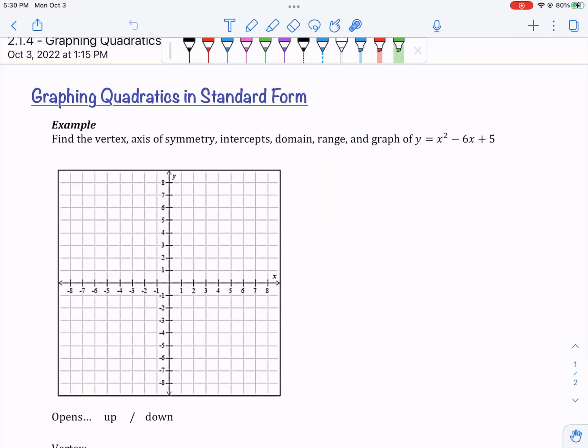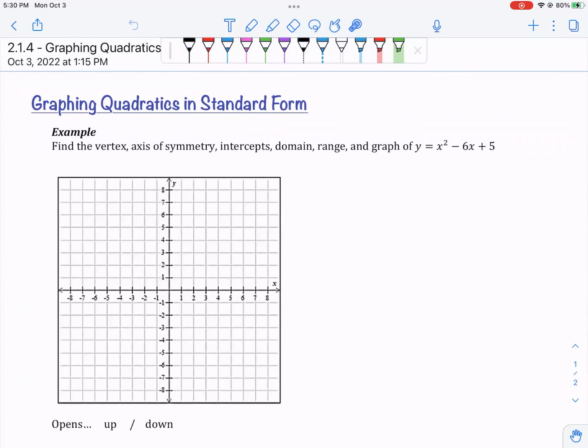Graphing quadratics in standard form. All right. In a previous video, we talked about the vertex formula.